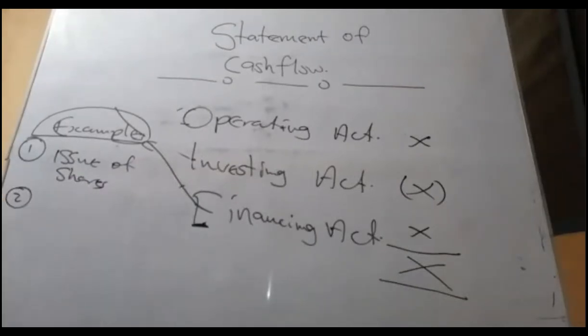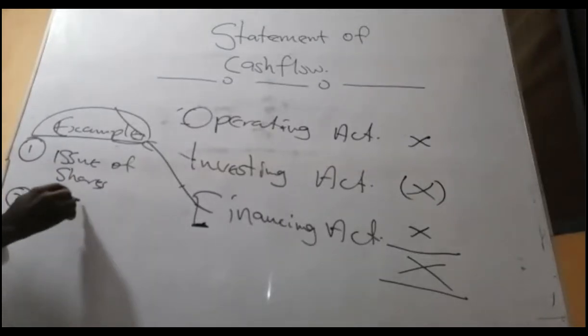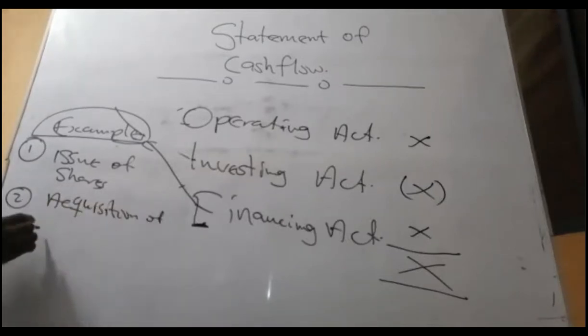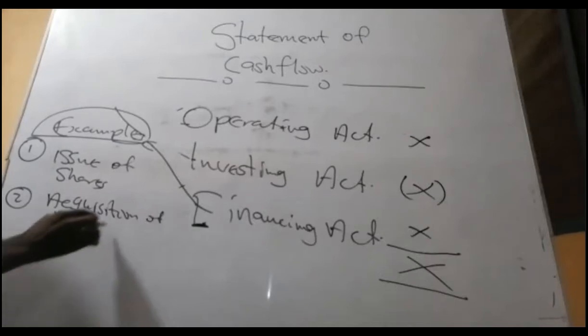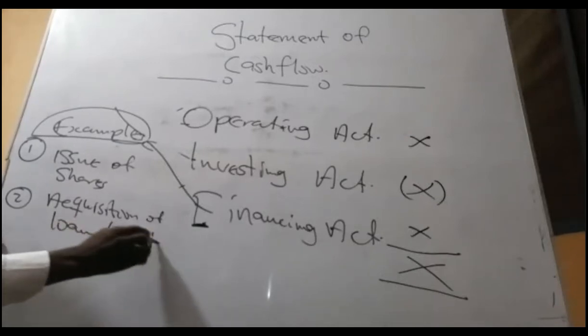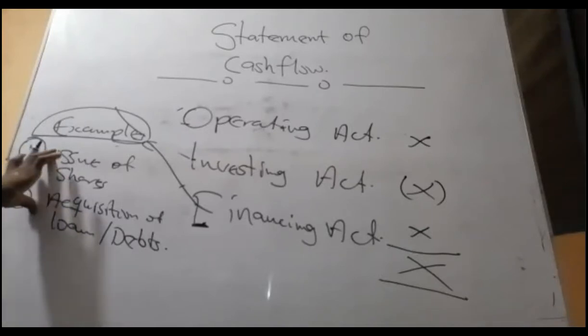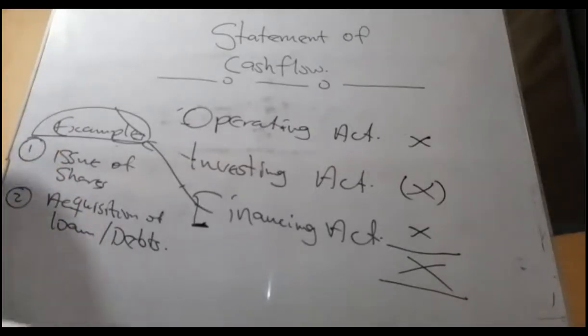Two, acquisition of loans or long-term debt. Any cost relating to these two items must be a finance cost. So three, issue cost or transaction cost.